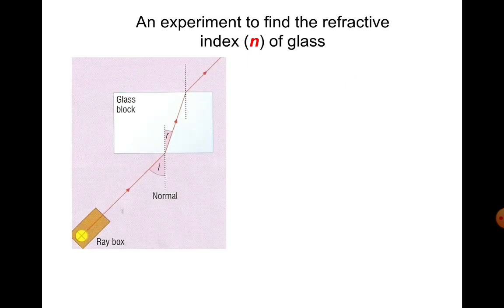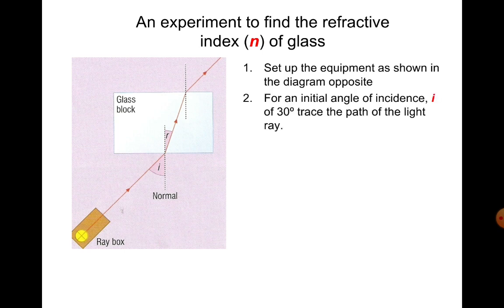Okay, so again, remember we did this at the beginning of this slideshow. How do we find the refractive index? You make a setup as I said before. You draw the normal, you have the ray box, and the normal on the paper inside the glass block, and you measure at different angles of incidence what the angle of refraction will be.